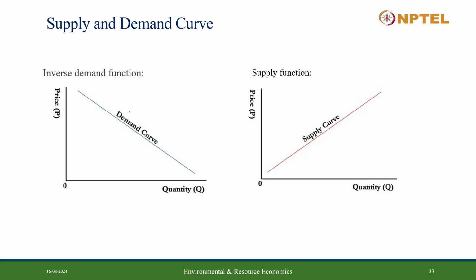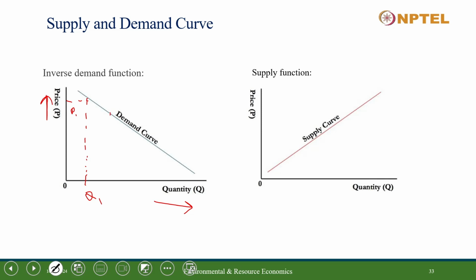So what is a supply curve? First is the demand curve, sorry. Let's say my x-axis is quantity and my y-axis is price per quantity. For the first unit, Q1, I am willing to pay P1.